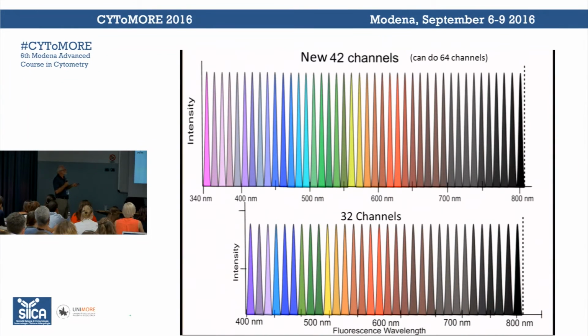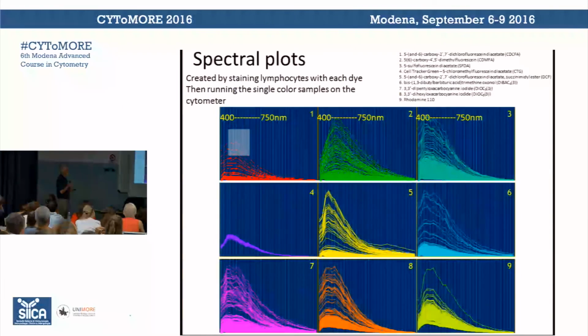Now, this is 32. We just built a 42-channel system. We could go up to 64. We'll keep going until there are no more photons. So we'll see how far we can go. But that's the way it works. Just pretend these are sort of individual PMTs, but they're giving just a spectrum.